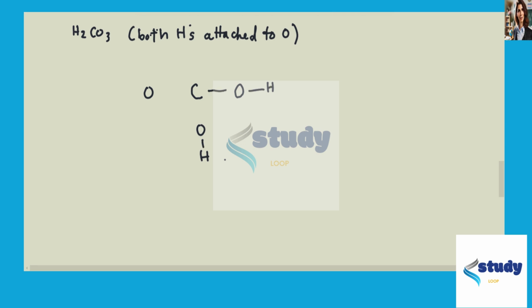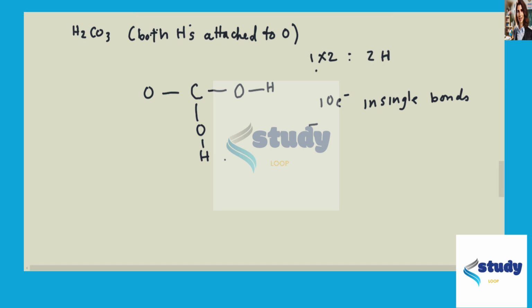Now we can continue as normal and draw the rest of our single bonds like that. Since each single bond counts for 2 electrons, 2, 4, 6, 8, 10, we have 10 total electrons accounted for in the single bonds. We also want to figure out how many total valence electrons we're supposed to have, so we can count them. We have 1 each on 2 hydrogens, so that's 2 for hydrogen.